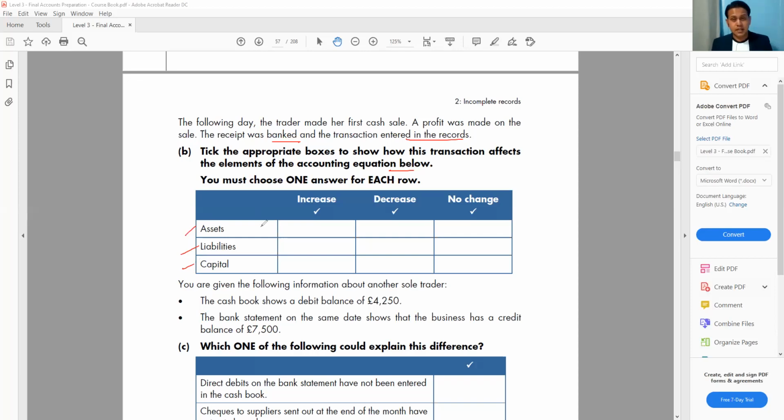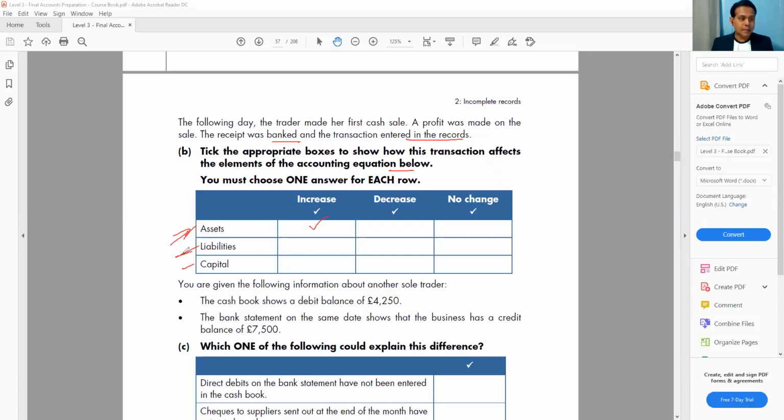It will increase, decrease, or have no change. What do you think? It will increase, of course. Very well done, all of you. It will increase because if I deposit any money into the bank, obviously it will increase the asset. The next question is, what will be the liability?